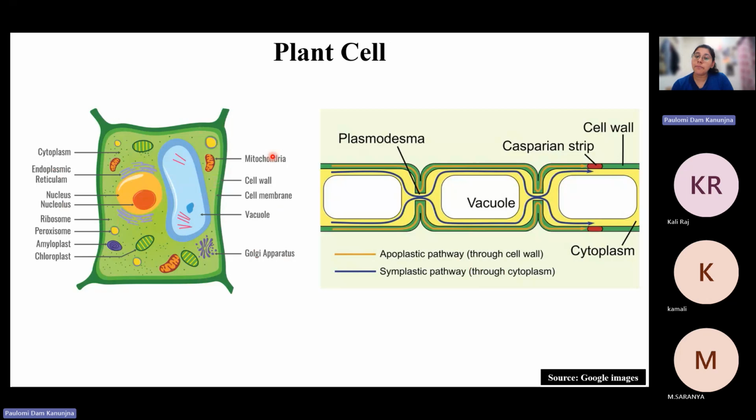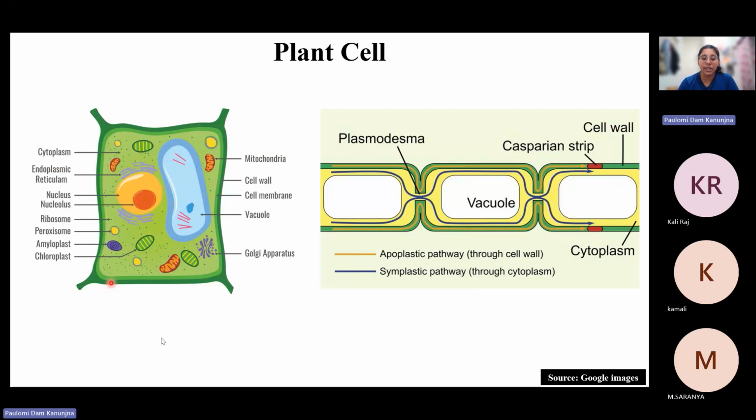But some organelles are present only in the plant cell. For example, the vacuole, which covers around 60 to 70% of the cell mass. You also have amyloplast, chloroplast, and leucoplast, three types of plastids in plant cells.